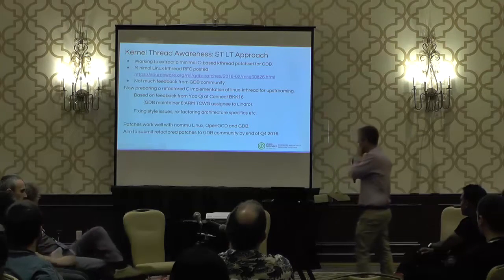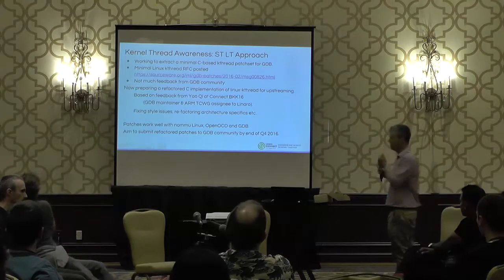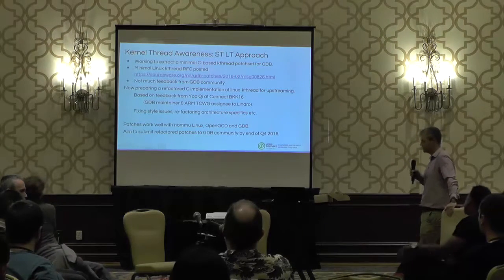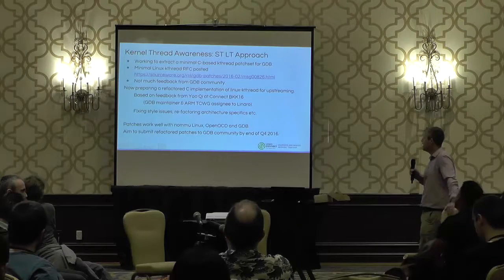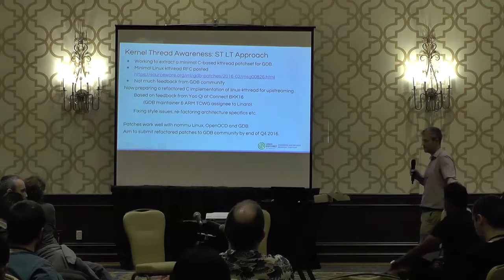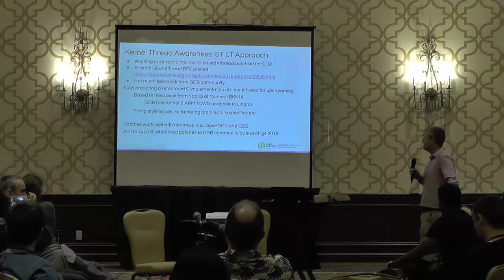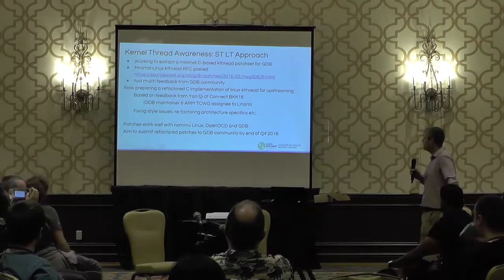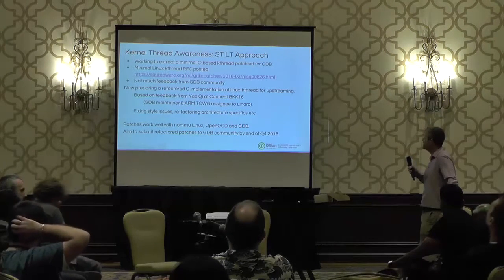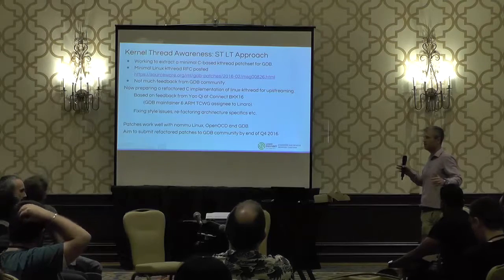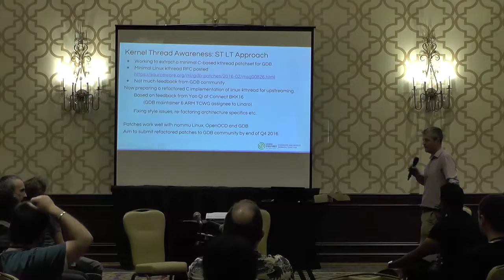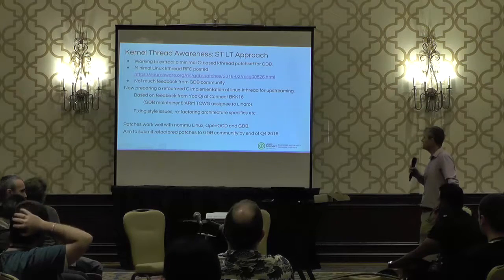So on the thread awareness, there's a couple of approaches we could take, and the approach we've decided on at the moment is to extract a minimal C-based patch set for kernel threads, which we're calling Linux K-thread. We posted an RFC, but that was a much bigger patch set back in February, and it was still very much in the same layout and structure as the original LKD code.